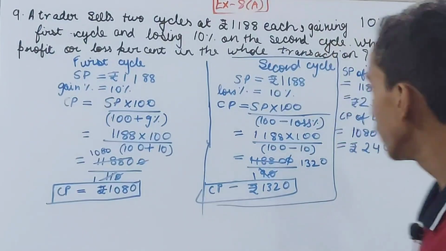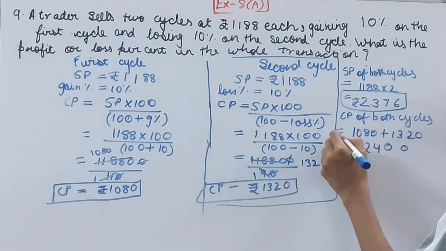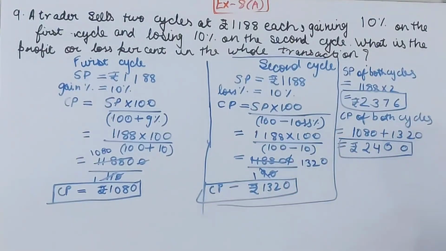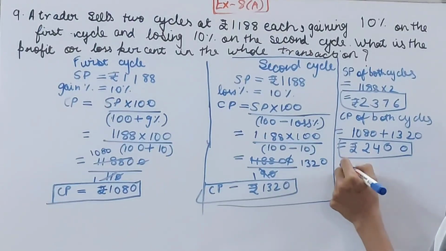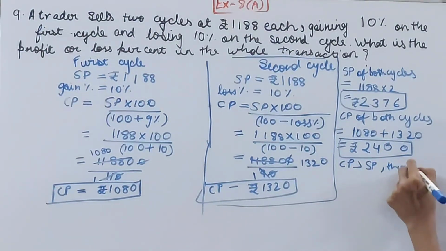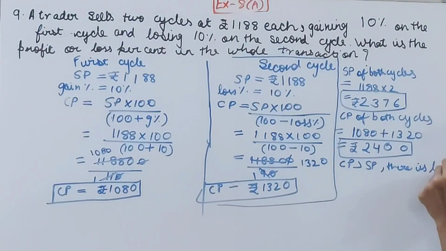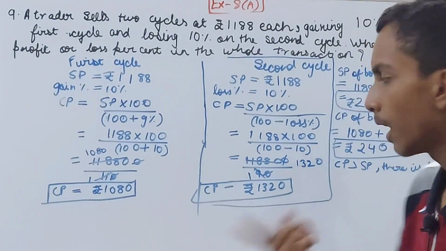Now look here, what is greater, the selling price or the cost price? 2400, 2376, which is greater? So CP is greater than SP. When this is the case, there is a loss. When the cost price is greater than the selling price of the articles, there is always a loss.